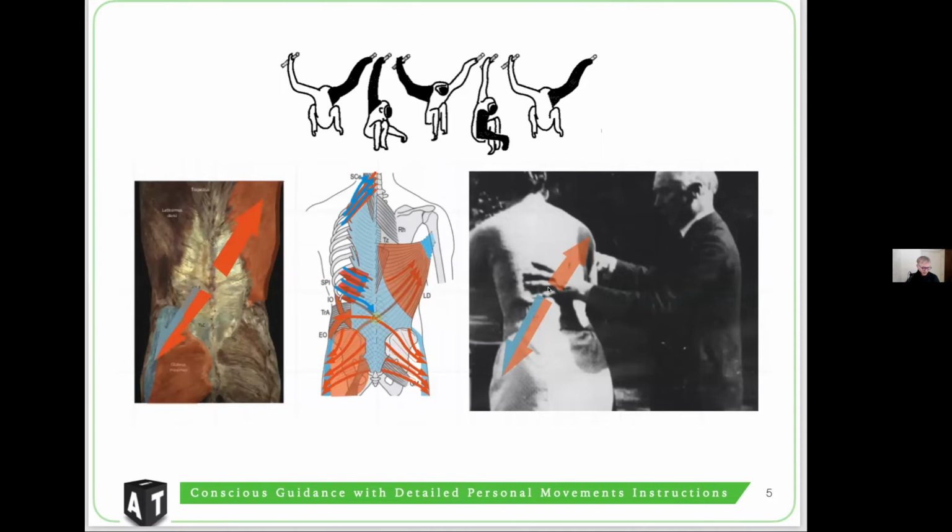As I said before, the detection of the error is very important. Yes, but what is very, very important is to understand the direction of the correction and the capacity for the pupil to assess it on his own without the teacher's hands being there.